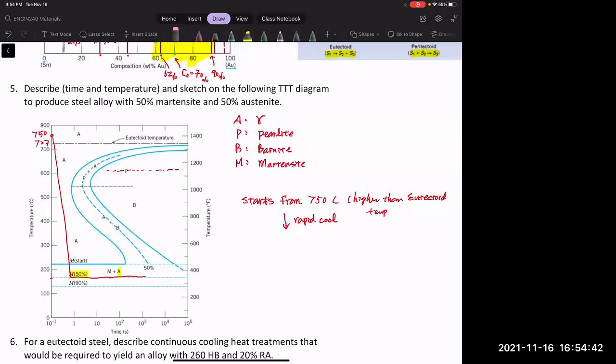Oh, not 260, this is 160. And this 160 degrees is the 50% line there.